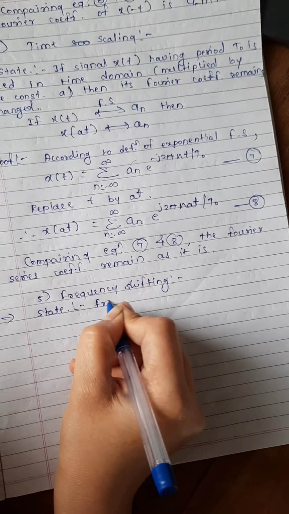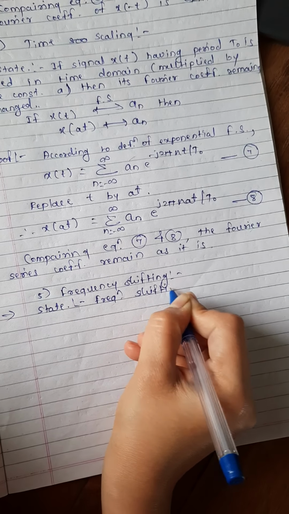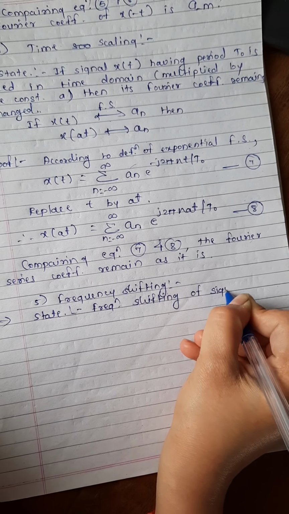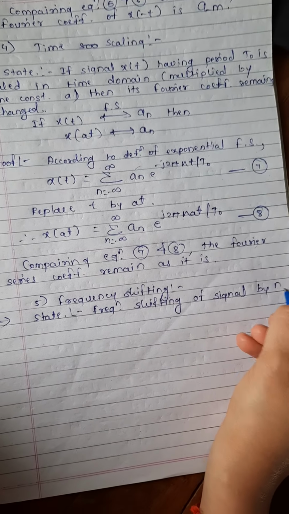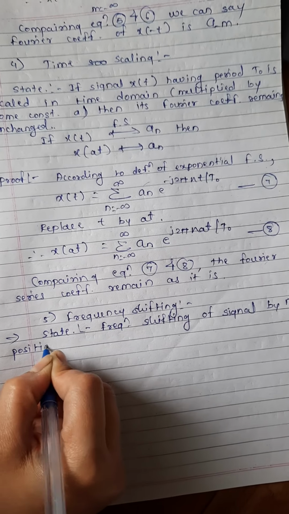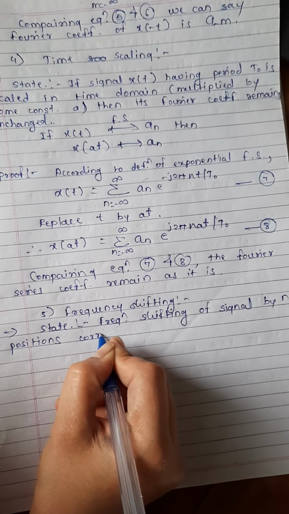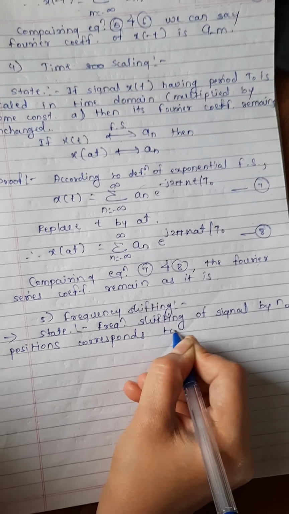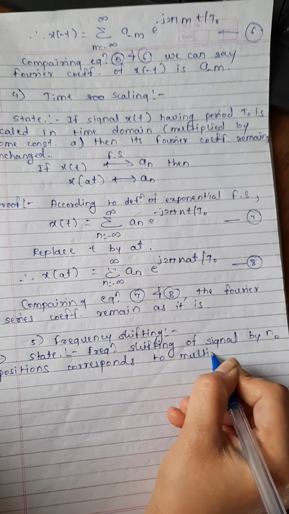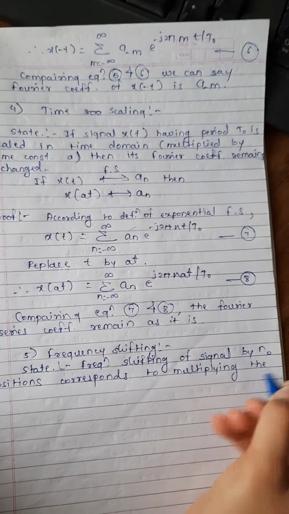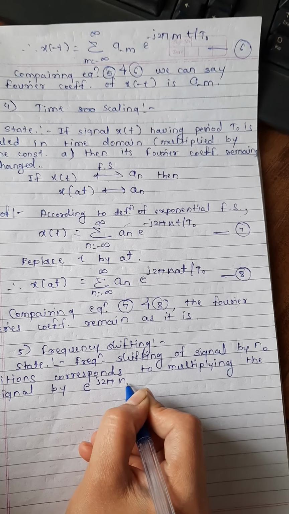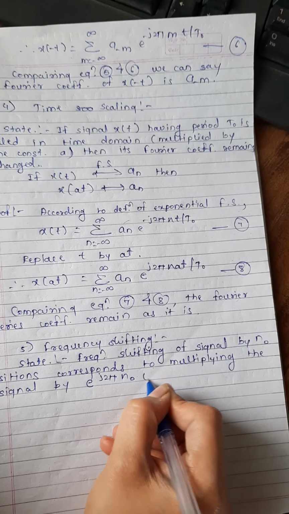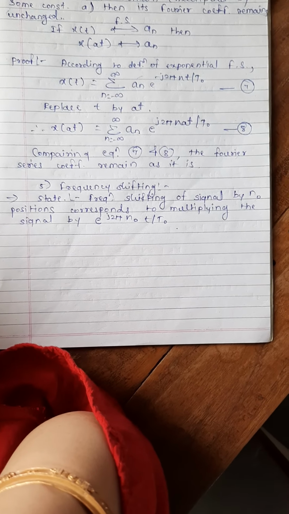Frequency shifting of signal by n0 positions corresponds to multiplying the signal by e raised to j2 pi n0 t by T0. So first we consider the signal x of t.